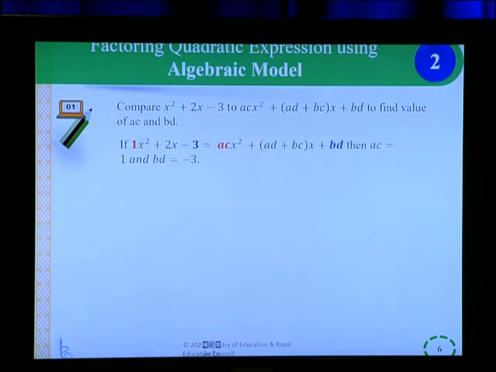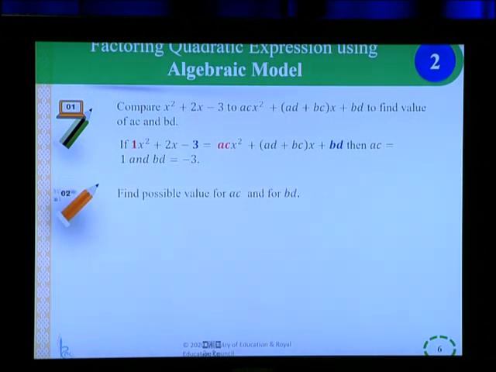So, when we compare, you can see the coefficient of x square on both sides, AC corresponds to 1. Similarly, the term BD on the left hand side corresponds to negative 3.